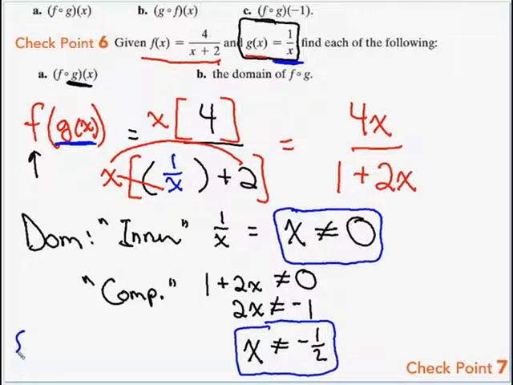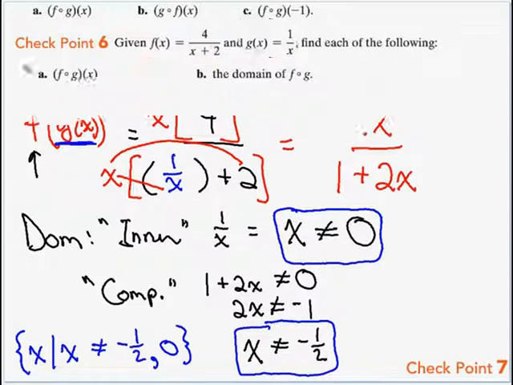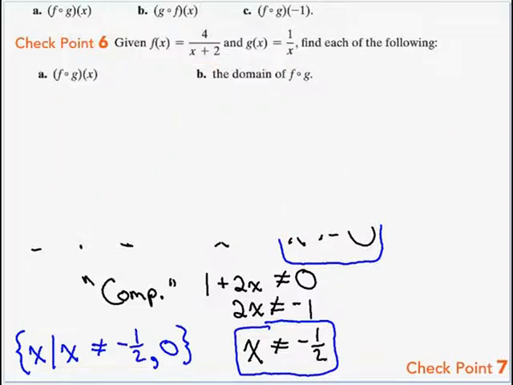So the easiest way, I guess, to write it would be with set builder, the set of all x, such that x does not equal negative a half or 0. Or you could also do that with the interval notation.